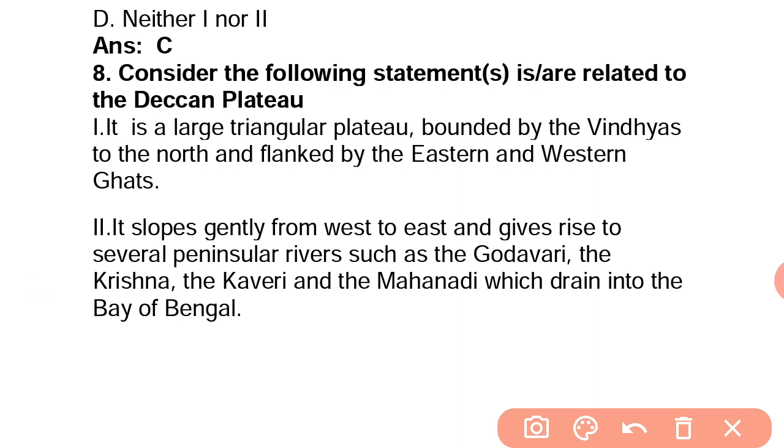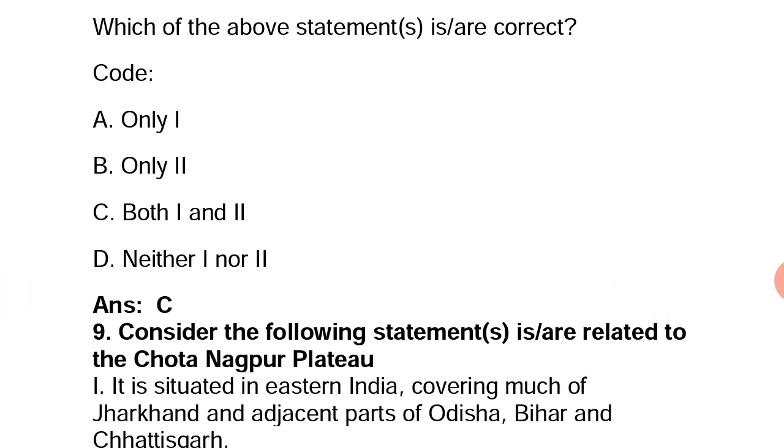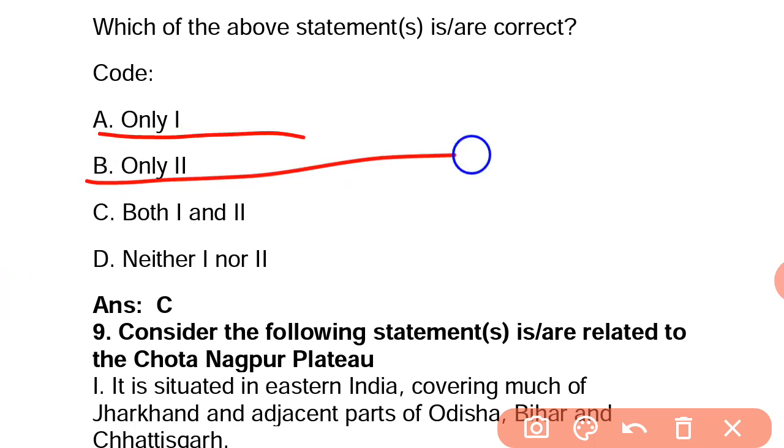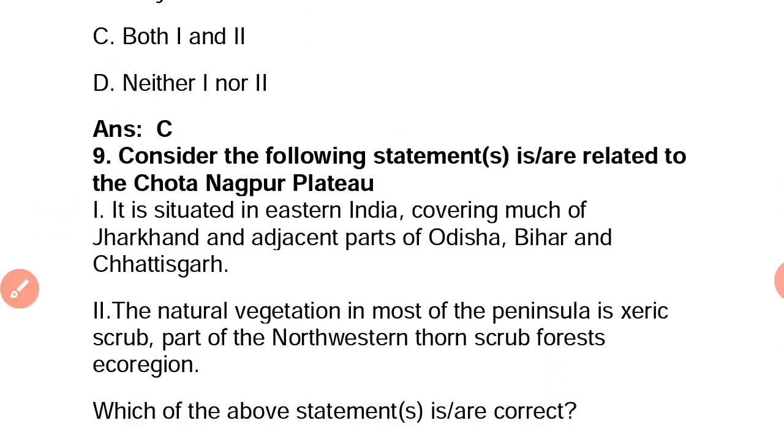It slopes gently from west to east and gives rise to several peninsular rivers such as the Godavari, the Krishna, the Kaveri, and the Mahanadi, which drain into the Bay of Bengal. Which of the above statements is or are correct? Code. Option A, only I. Option B, only II. Option C, both I and II. Option D, neither I nor II. Right answer is option C, both I and II. Next question.